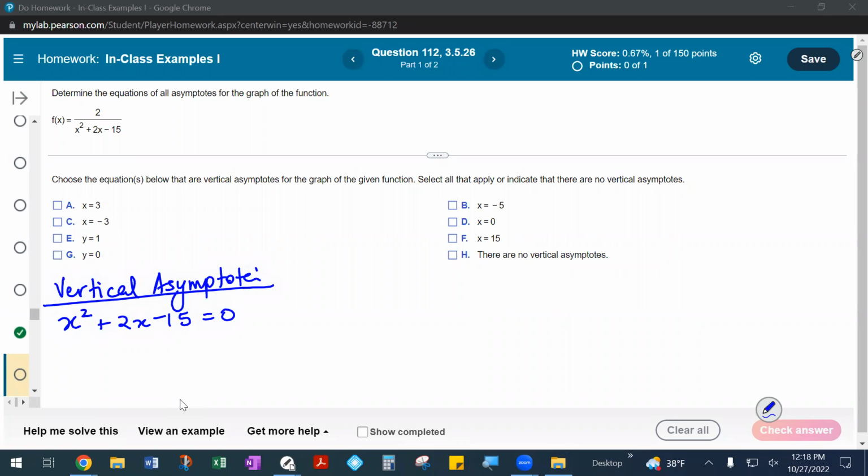So what will we end up getting for this side? x squared plus 2x minus 15.